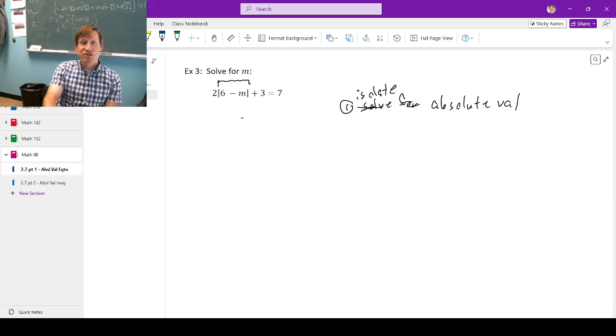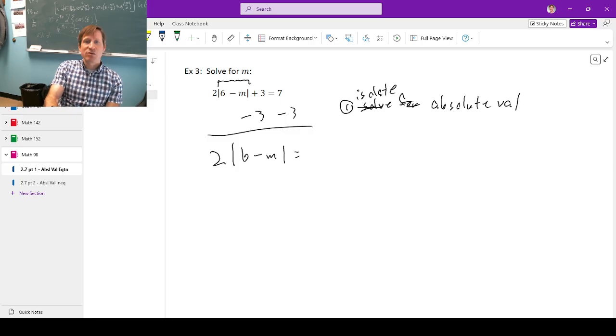So the first thing we should do is subtract 3 from both sides. We get 2 times the absolute value of 6 minus m equals, let's see, 7 minus 3 is 4. Now we should divide both sides by 2. We get the absolute value of 6 minus m equals 4 over 2, which is 2.